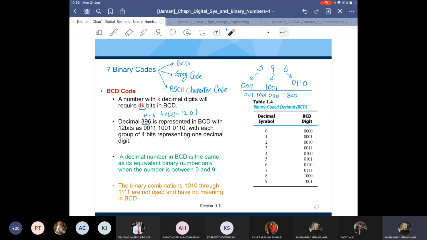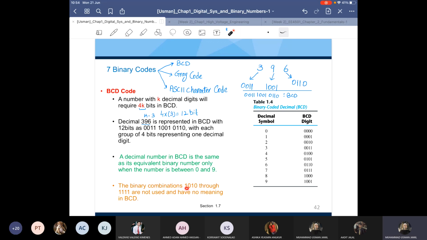Now, a decimal number in BCD is the same as its equivalent binary number only when the number is between 0 and 9. Maximum we can go from 0, 1, 2, 3, 4, 5, 6, 7, 8, 9, because each digit represents a binary number.